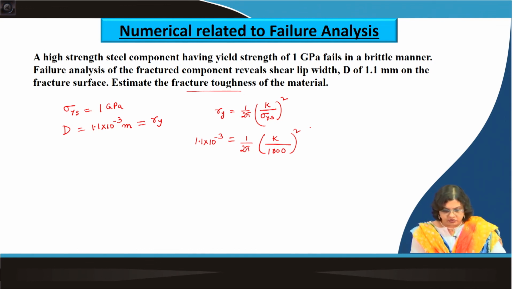So, that makes K equals 83.1 MPa root meter. So, that could be the critical value of K for fracture and that could be termed as the fracture toughness under such condition.